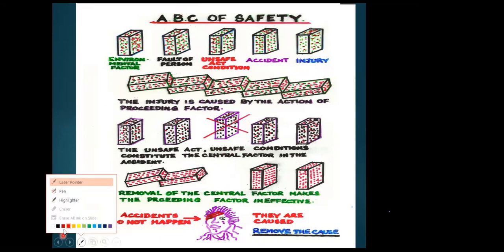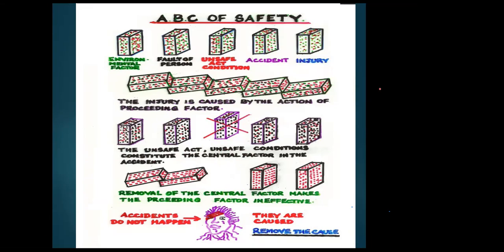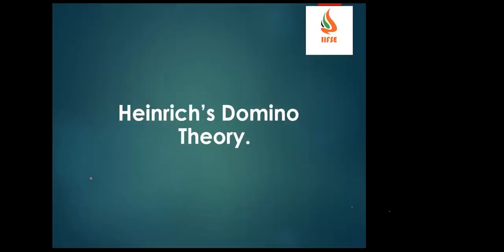Even for this, there is a theory on how it happens. Sorry, I'll go to the next slide. Here if you see, unsafe actions are 88%... no, sorry, it is 80%.